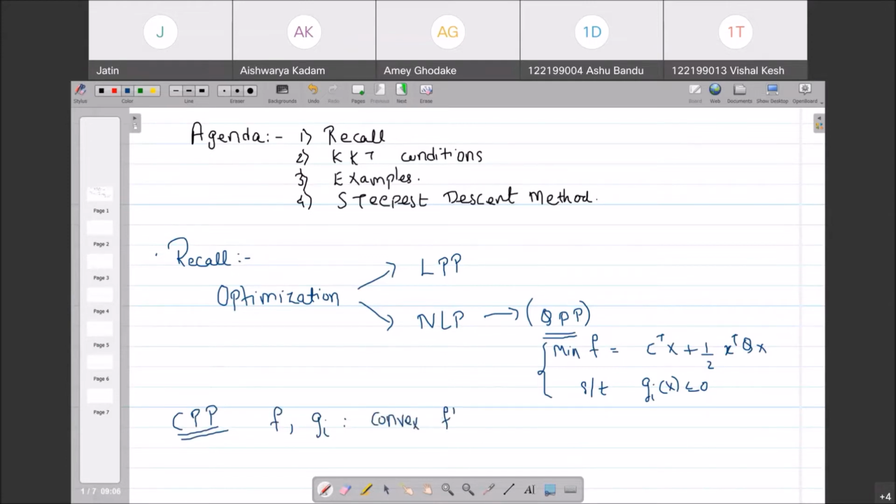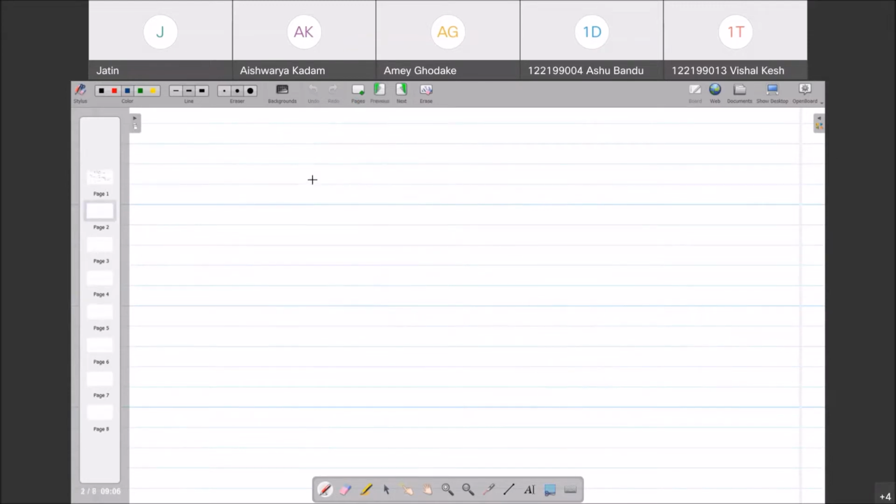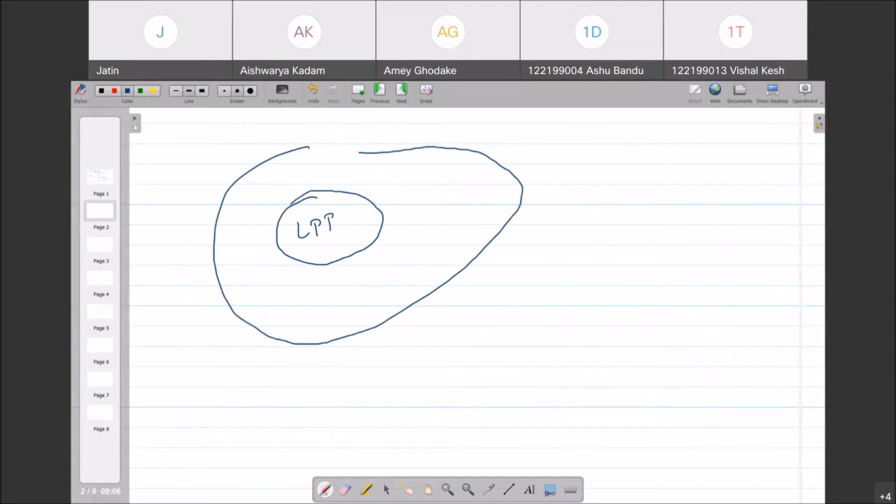We also observed that an LPP, linear programming problem, always sits inside the set of convex programming problems, because LPP means the objective function and the constraints are linear. Linear functions are always convex, so an LPP is always a CPP.